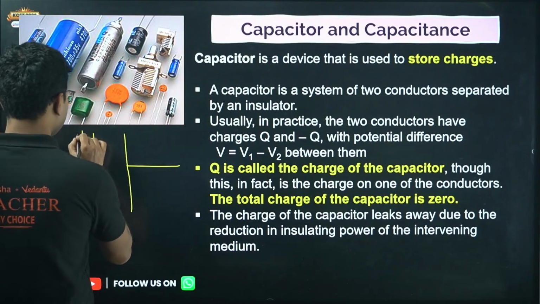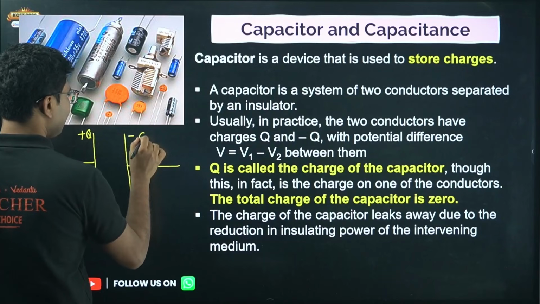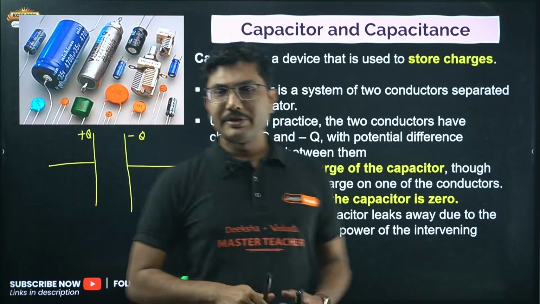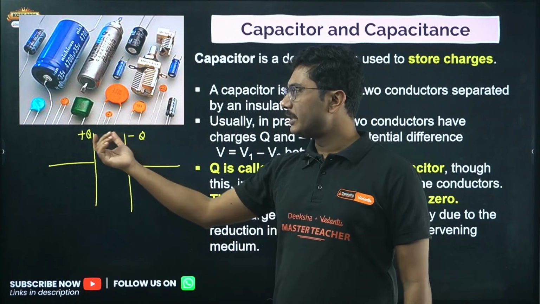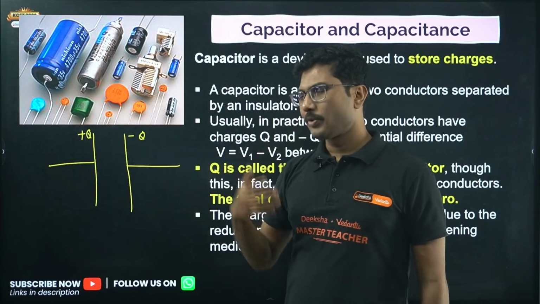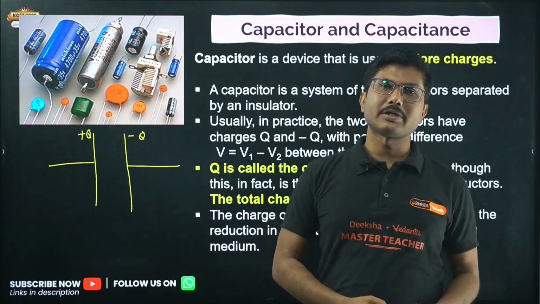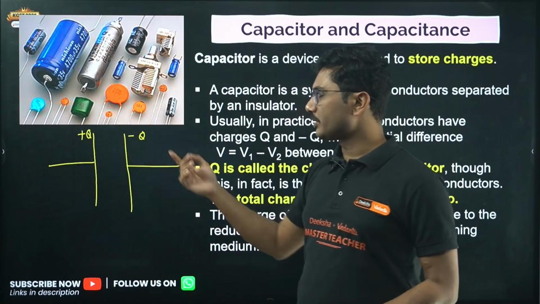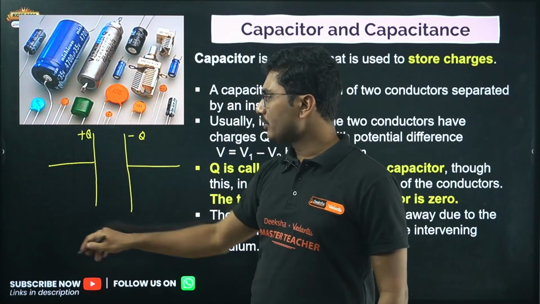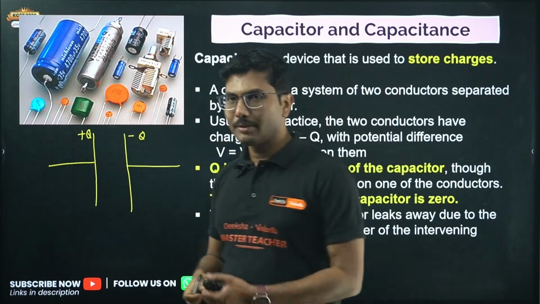Suppose this is plus Q, this is minus Q. When you say the charge of a capacitor, we only say this is the plus Q, normal Q. But if you consider the total charge of the capacitor, it is 0, plus Q minus Q. Total charge means you take the capacitor, you short it, so charge will be destroyed immediately.